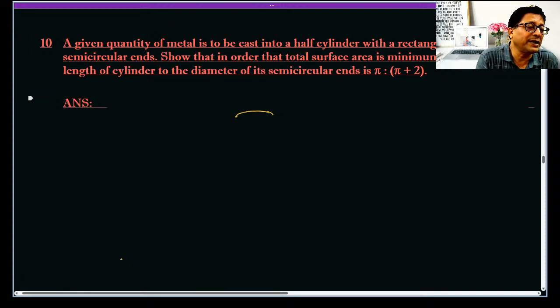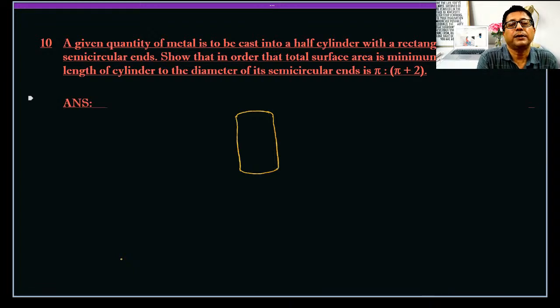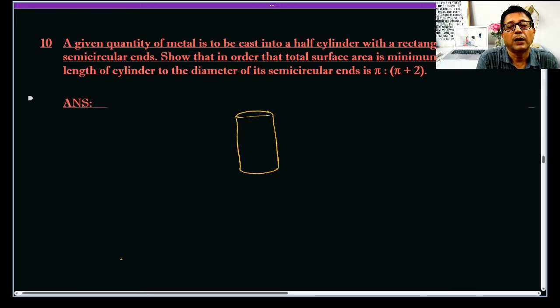Half semicircle, half cylinder, not full. This is a straight line and this part is curved.